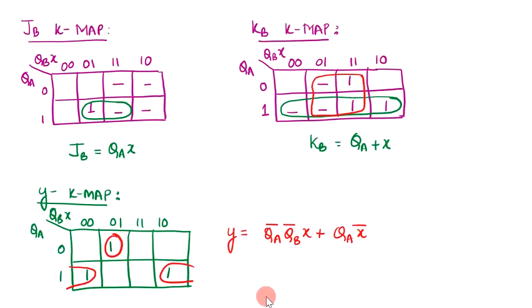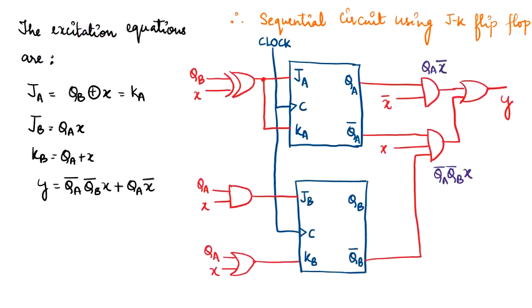Once all these simplified expressions are obtained, these expressions will be called the excitation equations because they are the ones generated from the excitation table. Now you will come to know how many flip-flops you need to use, that is how many JK flip-flops you need to use, and how you will get the output expression Y to be.